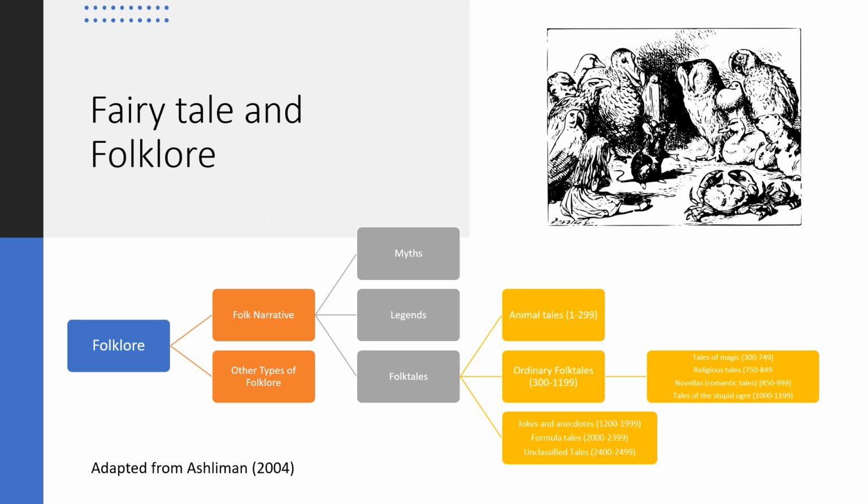So writers in the 17th century onwards, or maybe earlier than that, wrote fairy tales loosely based on folk tales, and they created fairy tales, of course, with literary conventions such as theme, plot, setting, characters.